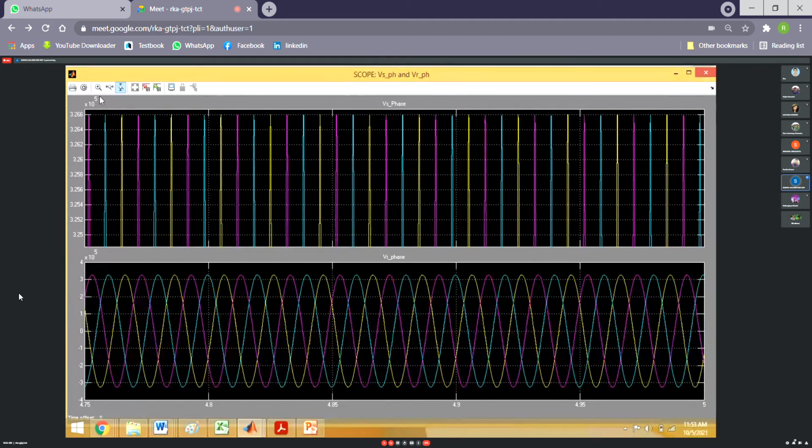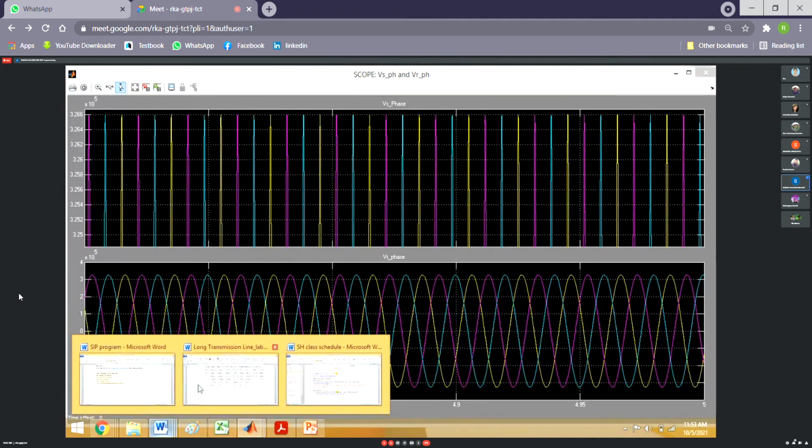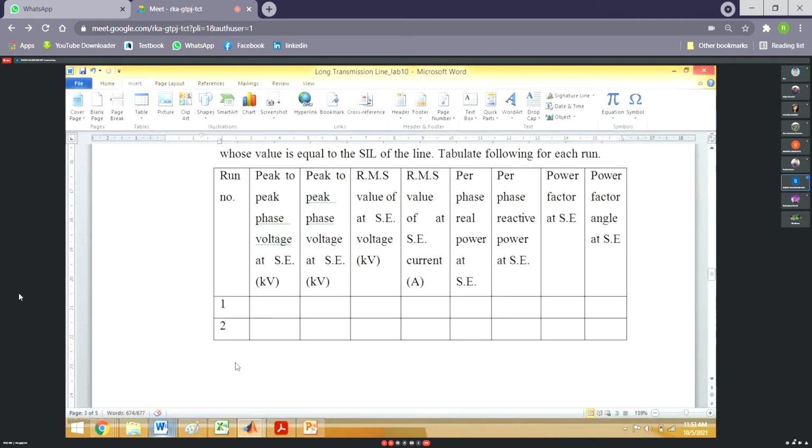Not peak to peak, I think it will be only peak. You delete that peak to peak and write only peak value. Just modify it in the table.